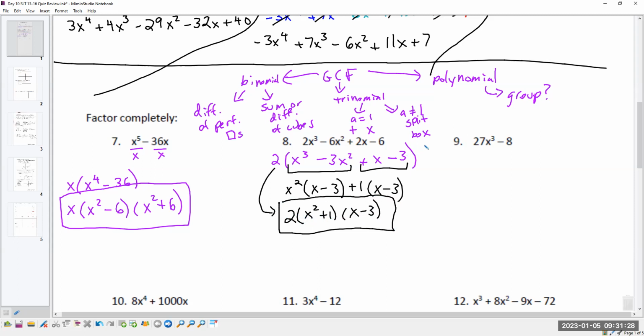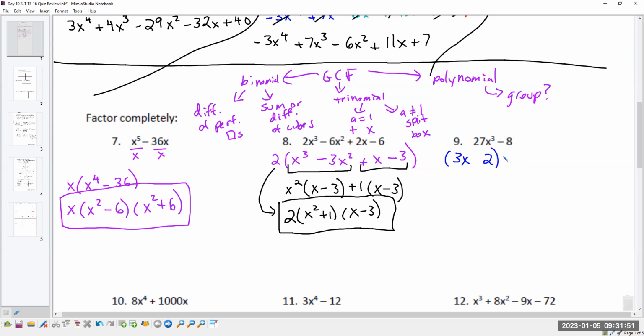Number 9, 27 and 8 are not divisible by any common factor. So I'm going to examine this binomial and decide, is it perfect squares or is it perfect cubes? It is perfect cubes. What cubed gives you 27? 3. What cubed gives you 8? 2.